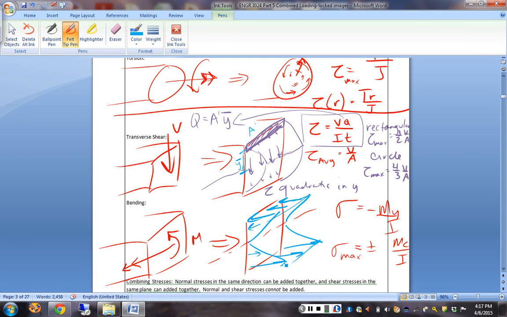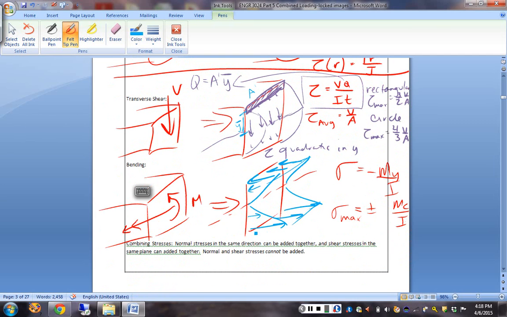So it's 0 along the neutral axis, maximum at the top and bottom when it's symmetric. So this is linear in Y. Shear stress is quadratic. Normal stress due to bending is linear.